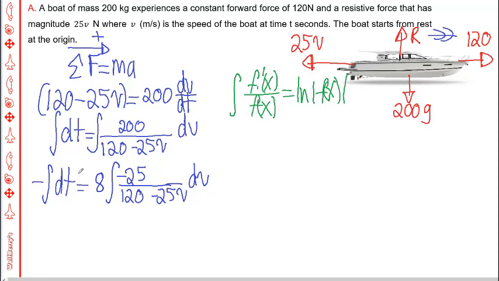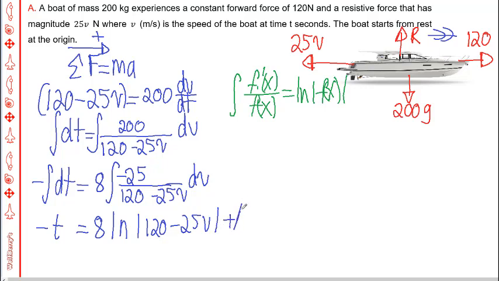Now let's go ahead and continue this. Integration of dt, don't forget the minus, is minus t is equal to, the 8 stays outside. Now because the top is a differentiation of the bottom, we can go ahead and use this, so it becomes ln of the bottom. ln of this, 120 minus 25v, plus a constant of integration.